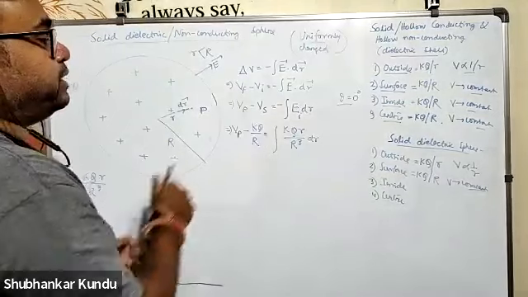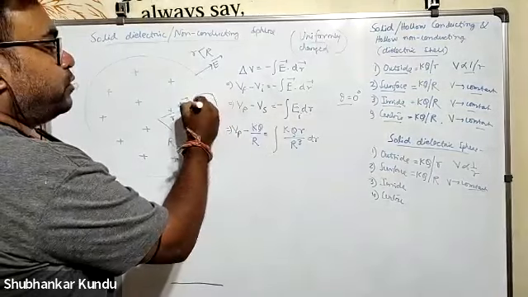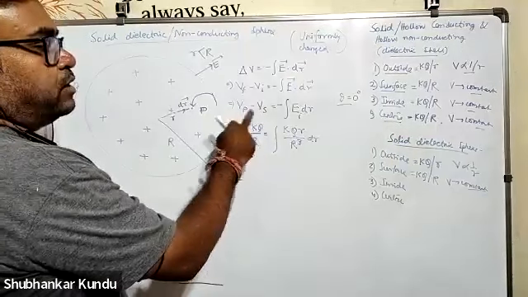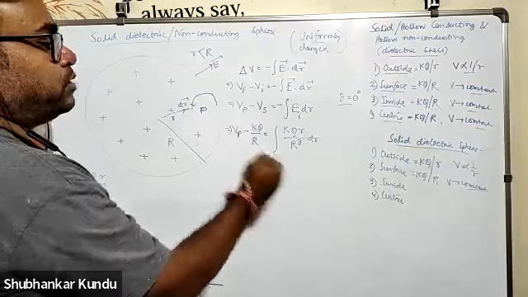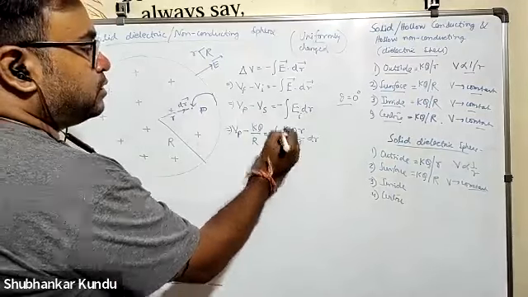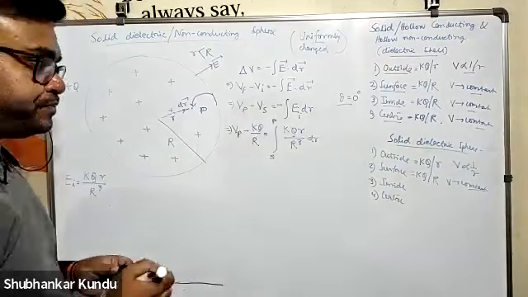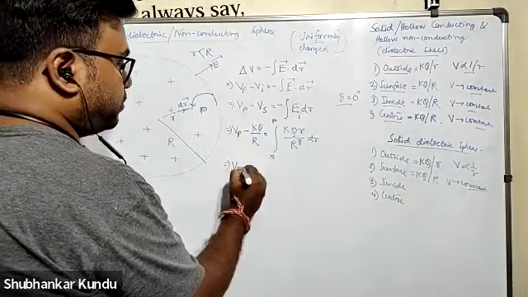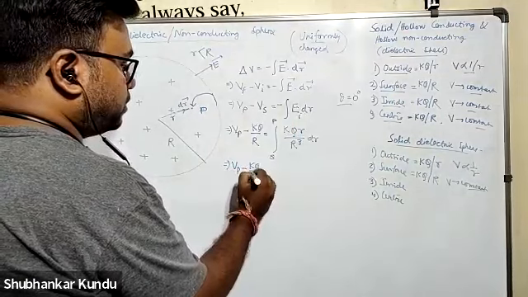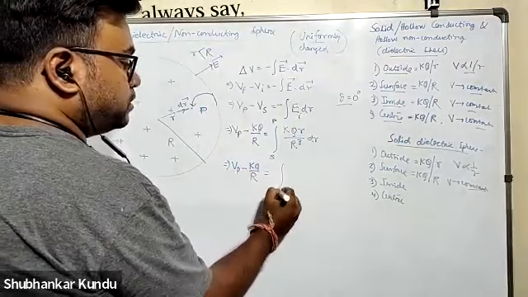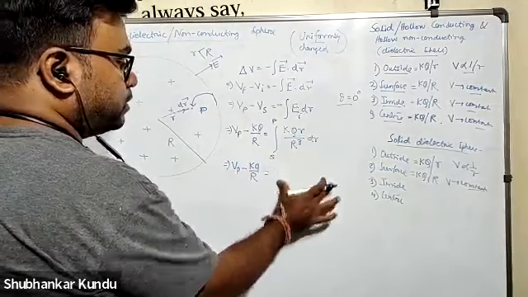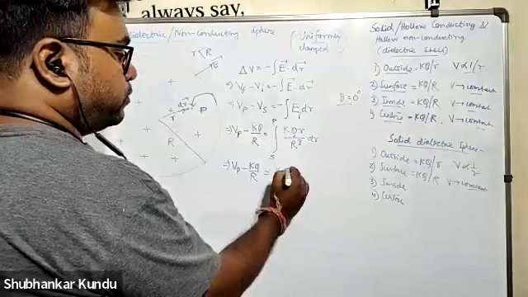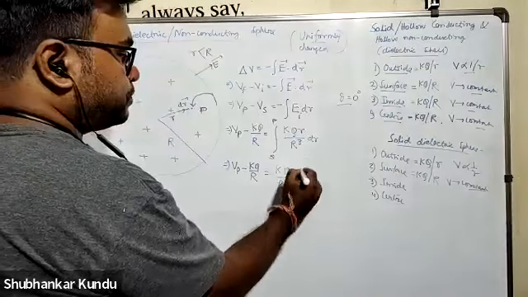So you are beginning the journey from the surface and reaching the point P. The limits will be from the surface to the inside point P. So Vp minus KQ upon R is equal to the integration from surface to inside point P. Now, KQ and R cube are all constant.